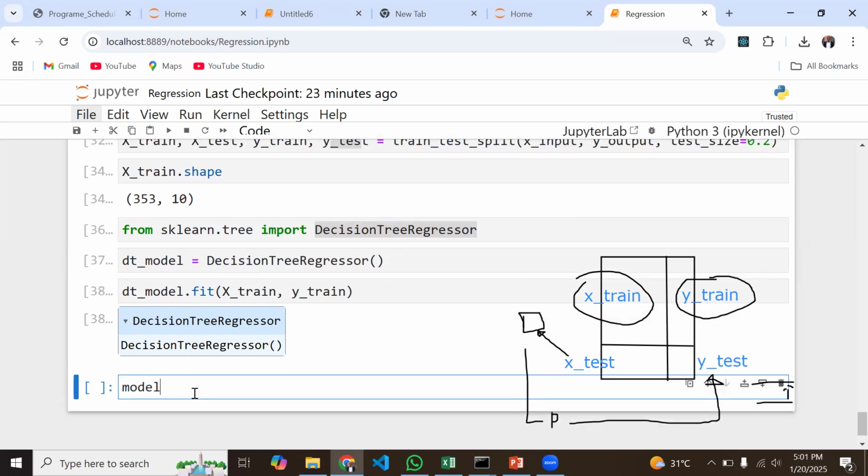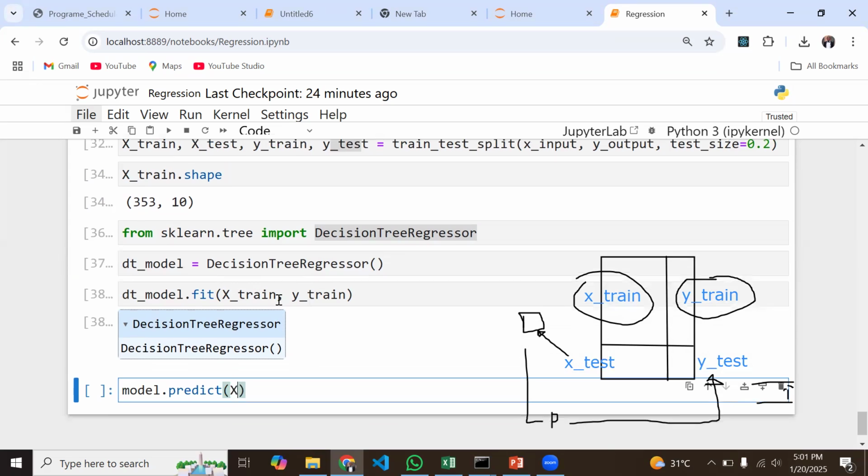So now if I do model.predict, and now pass in the X test, because that's what I want to use to check. And let me save this in a variable called predicted values or something like that.